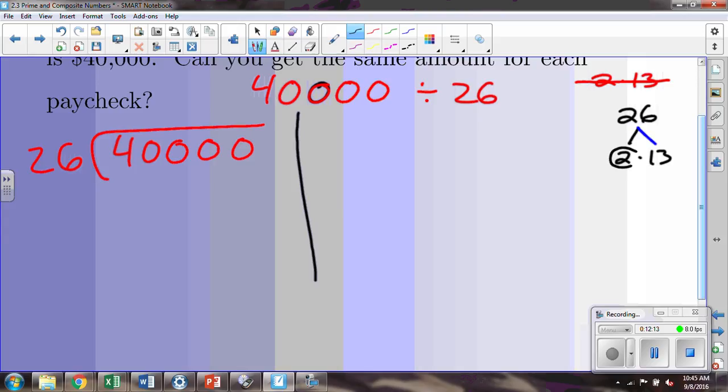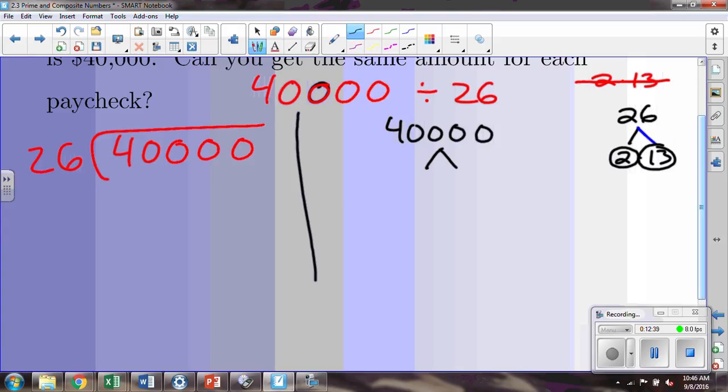If both the 2 and the 13 show up in our factor tree for 40,000, that will tell us yes, it is possible. But if one of them does not show up, the whole thing's going to fall apart. We can't get even paychecks unless both primes are there.